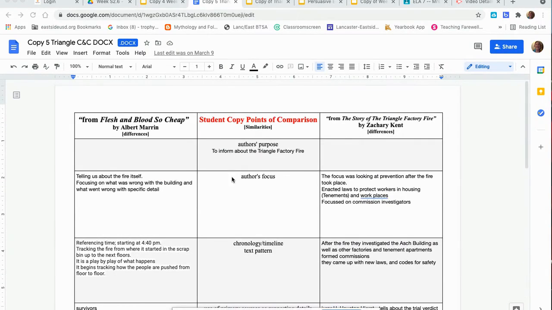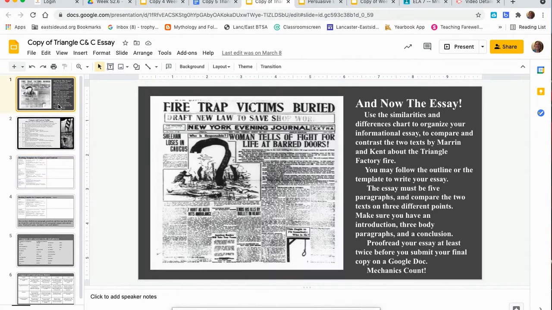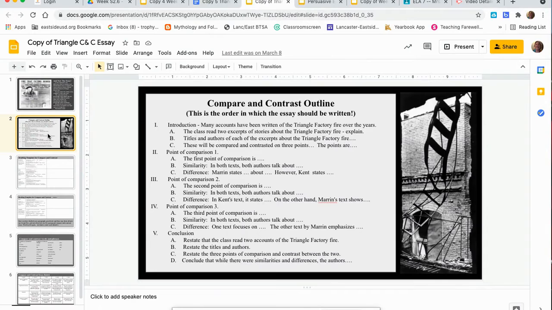And the students took that information and then they used a draft template for writing their compare and contrast essays. They used their chart to organize their information. They had an outline which gave them the order in which the information should appear and gave them a framework for putting the information together.